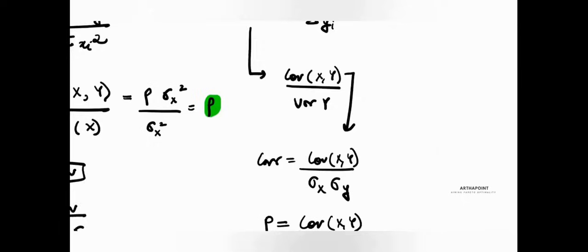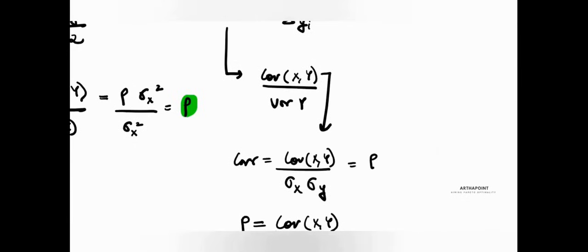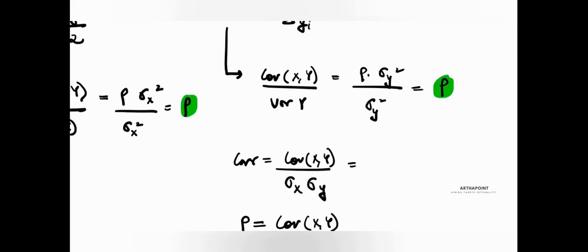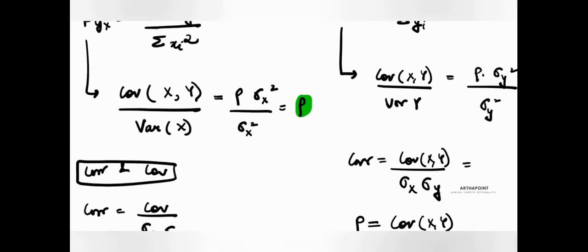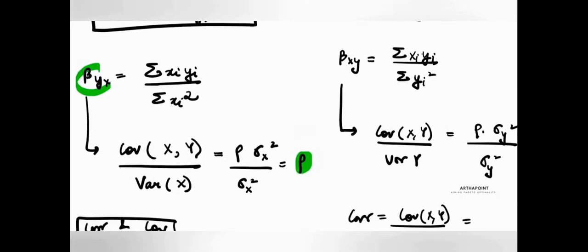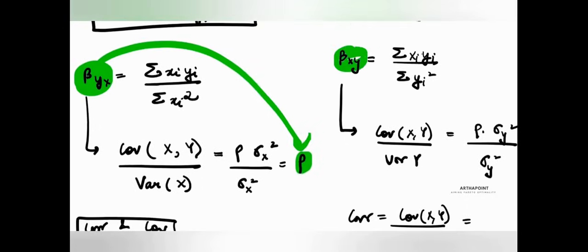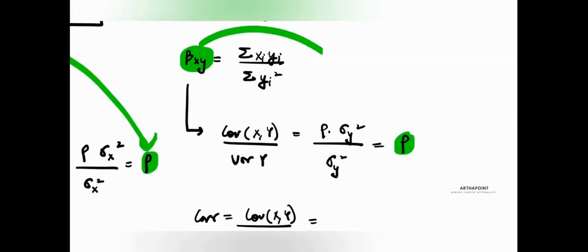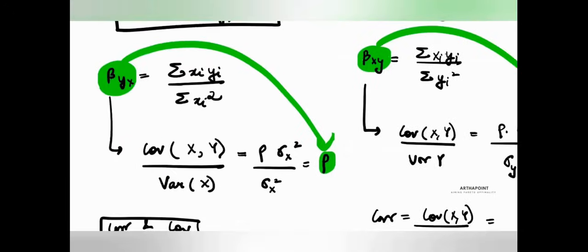Let me put the value here. This will be rho into sigma y square upon variance of y, which is sigma y square. So this is also rho. One good piece of information that we have got is that beta yx in this case is also rho and beta xy in this case is also rho, right?